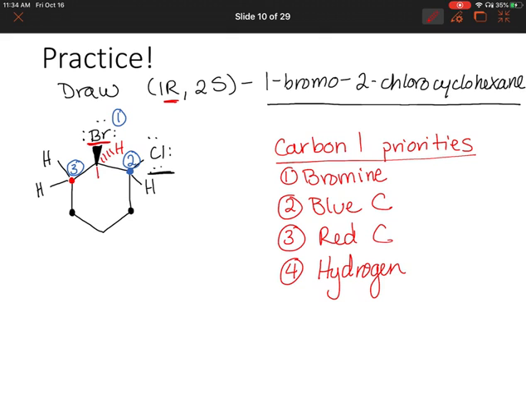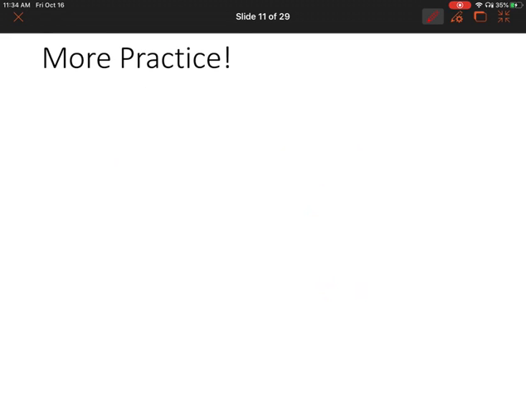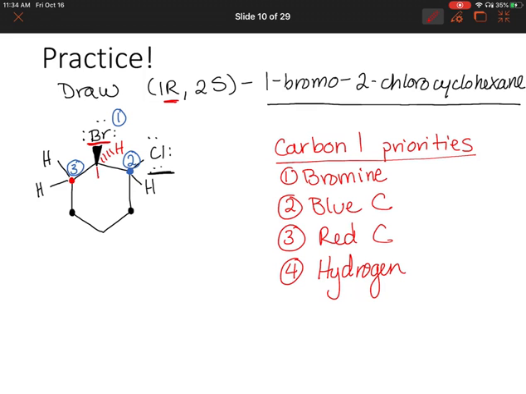Okay, so now we can draw our circle and determine if carbon 1 has an R conformation or an S conformation. All right, so we draw a circle from 1 to 2 to 3. And that looks like, if we imagine a steering wheel, we're turning it to the right, or clockwise.